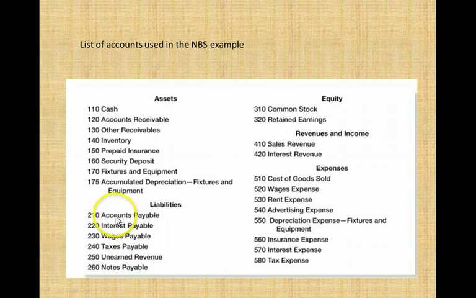Also liabilities. We have a series of liabilities, obligations, mostly payables, and notice that these are all short-term liabilities. So within every transaction, you must ask yourself, what accounts are involved? And then what is the dollar magnitude and direction of each account that is involved in the transaction?